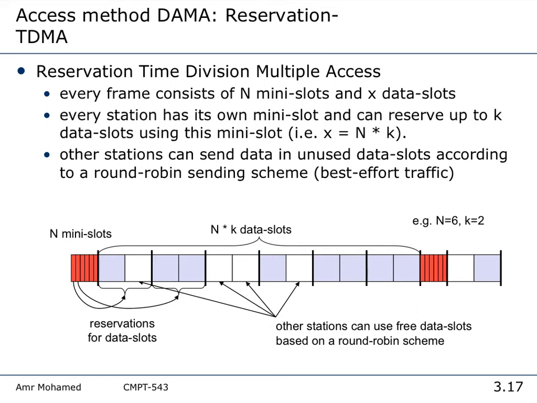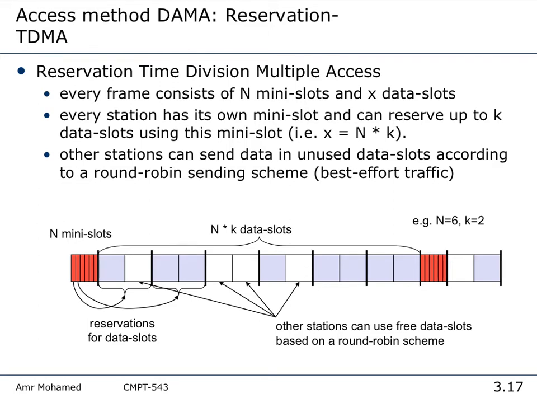In other words, I have to have a phase where there might be some collision, either in the explicit reservation phase, or if I don't have an explicit reservation phase, then it will happen in the transmission phase. But in any case, I'm trying to increase the efficiency by having any kind of reservation.